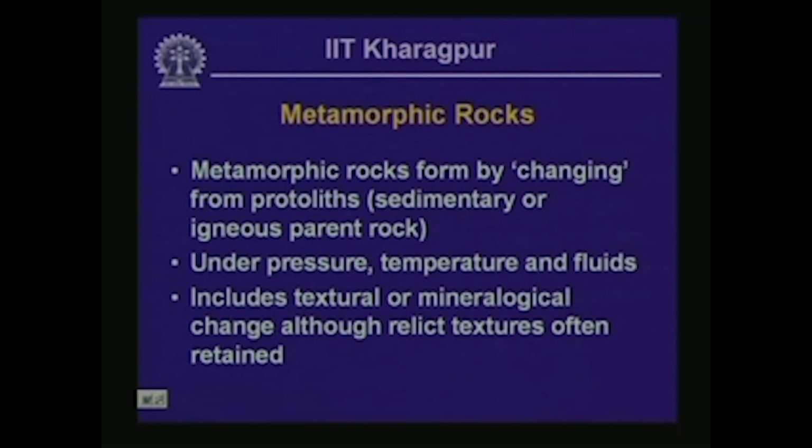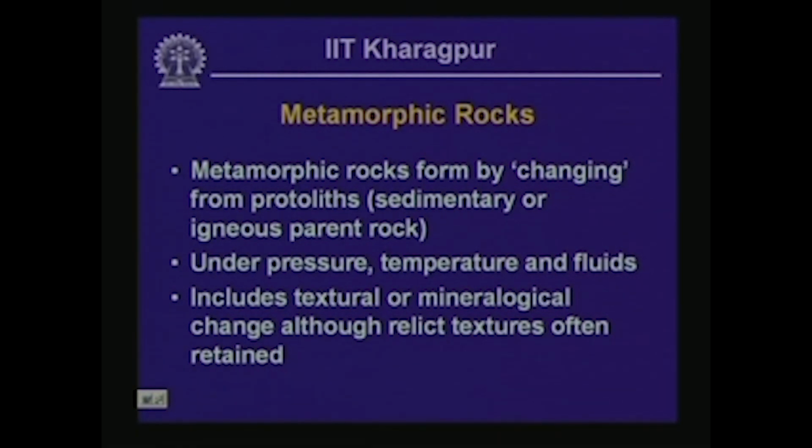We will see the details of these things as we continue with this presentation. Now, the effect of metamorphism leads to textural and mineralogical changes of the composition of the rock. Although in some cases, you will see that the relict forms of the pre-existing rock are maintained.